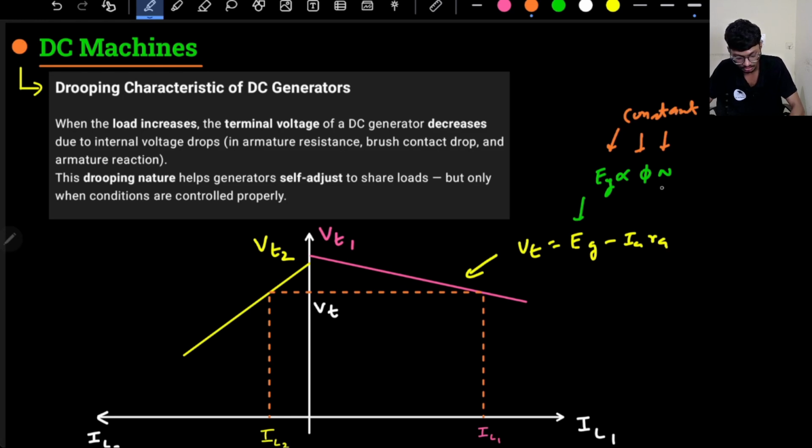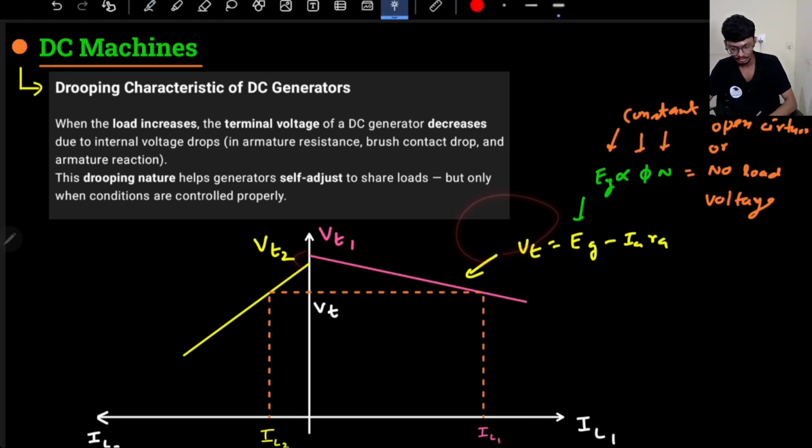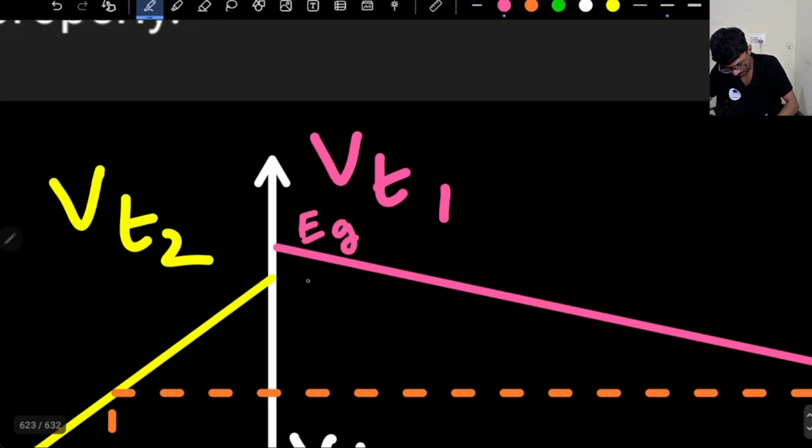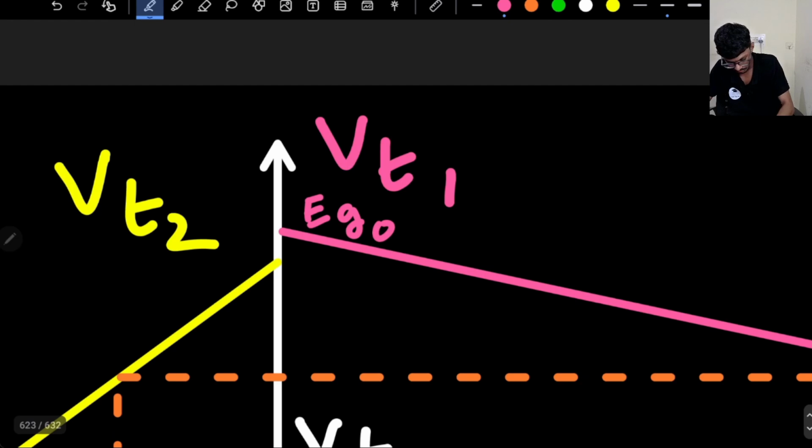Eg is also known as the open circuit voltage, or no load voltage, because at open circuit there is no current. If there is no current, there will not be any drop, and the terminal voltage will be simply this. So here we write this as Eg naught, and this will be Eg1, this will be Eg2.